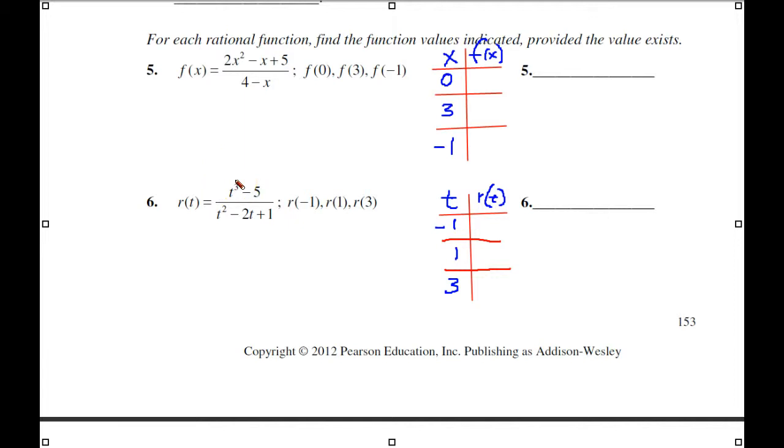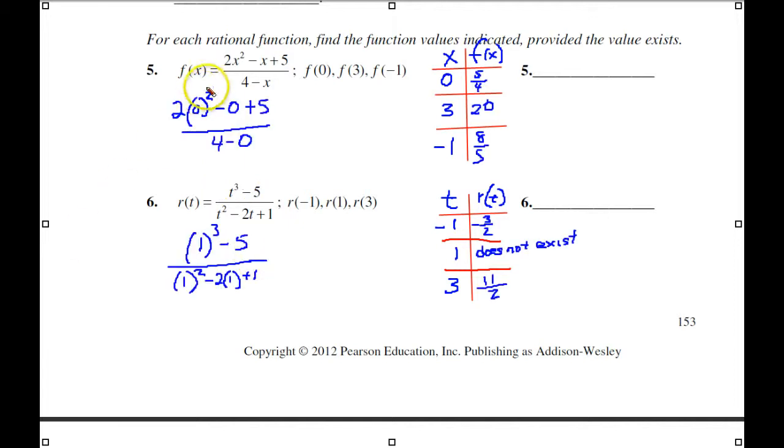So let's do that. So as we look at number 5, and if we take x as a 0, again you need to put it in there very carefully. So 0 squared is 0, minus 0 is 5, and then 4 minus 0, we're left with the fraction 5/4. And that's what we have here. And you do the others in a similar way.